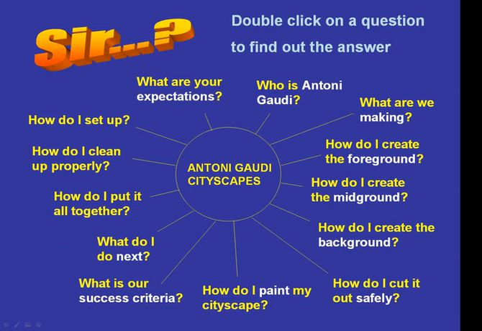By the end of the half term, the students have to come up with a cityscape, the outline silhouette of a city, layered with card to make it three-dimensional, so it has relief, in the style of the Spanish architect Antoni Gaudi. The teacher started by leading the whole class input, a teacher-led session on Gaudi's architecture, looking at Barcelona Cathedral and other examples, getting familiar with his curvy organic style.